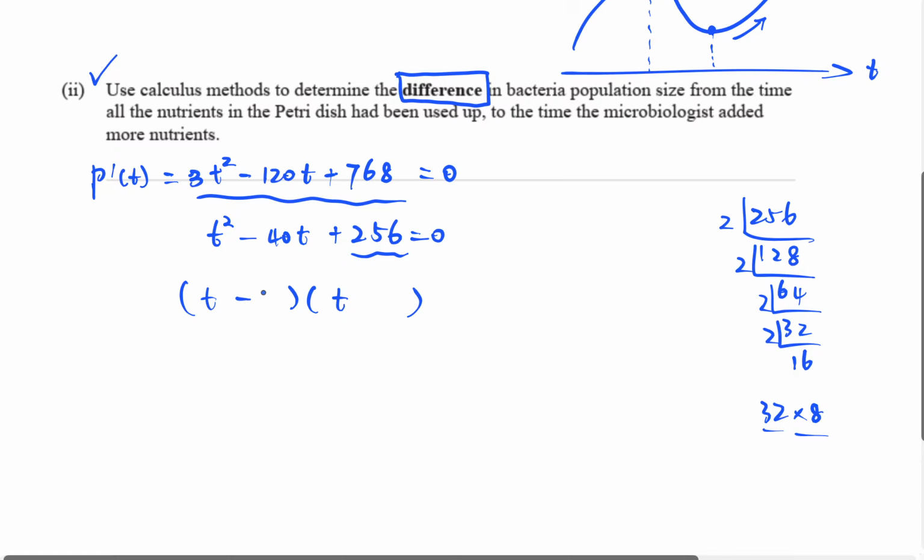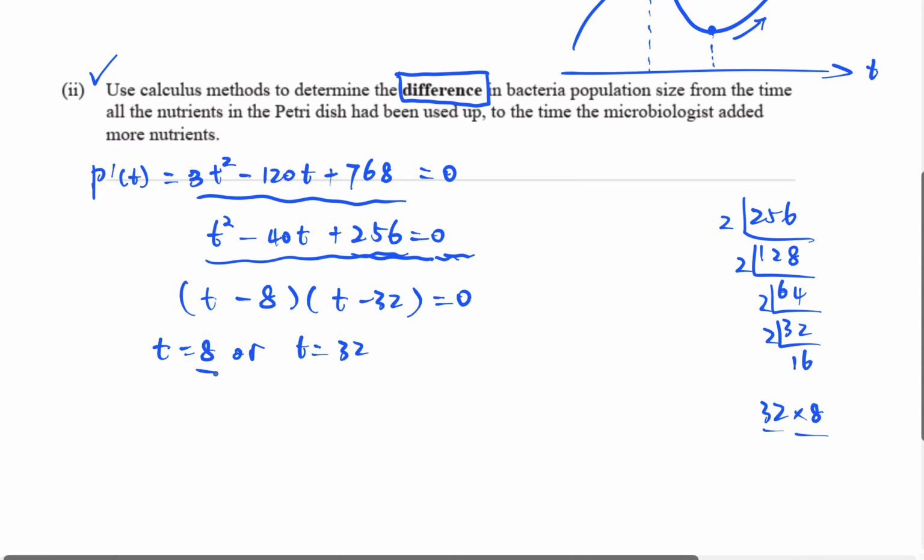So it should be negative 8, negative 32. You don't need to understand how I get this. From this point, you should use your graphing calculator to do this. So now I have my value of t equals 8 or t equals 32.